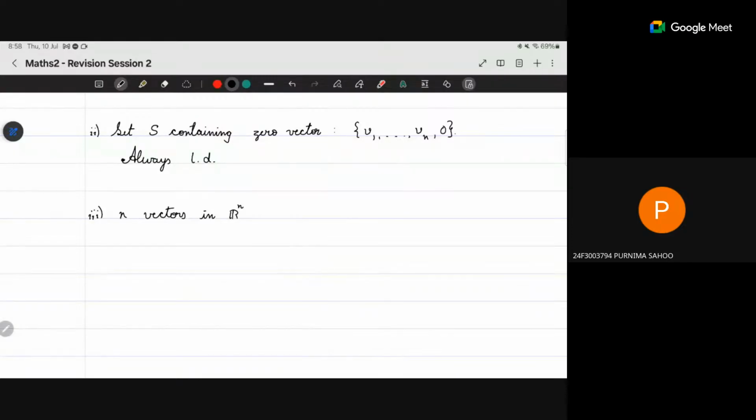All right? Yes, sir. Okay. So next, to check linear dependence or independence of n vectors in Rn. Note that the number of vectors and the dimension have to be the same. How do we do this?